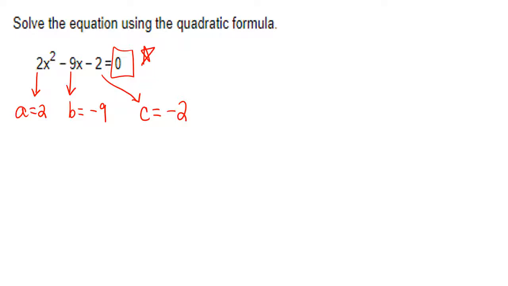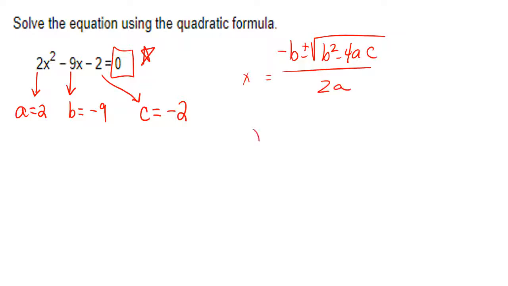Now you take these three values, not the letter x, and you will plug these into the formula. If you work this formula several times, you'll have it memorized. That will be our answer. Now I have negative b. Well, that's the negative of -9.